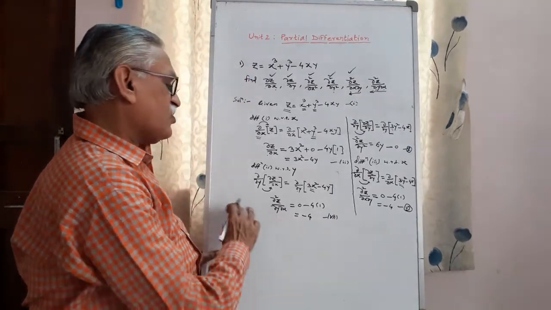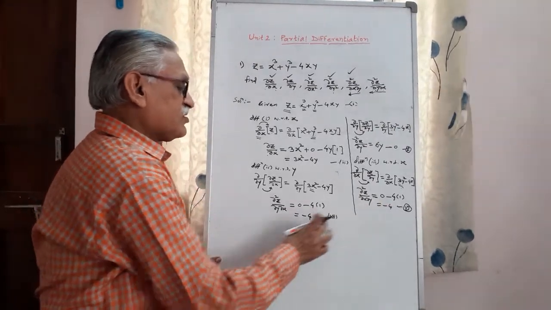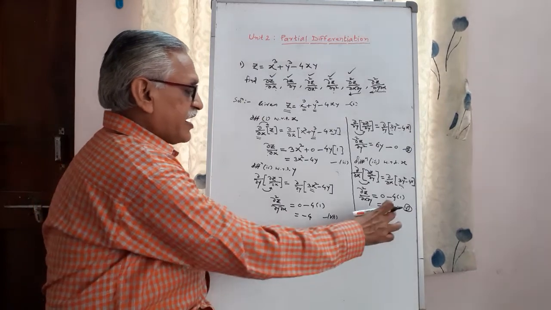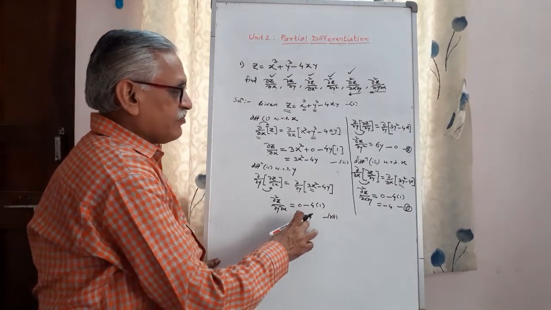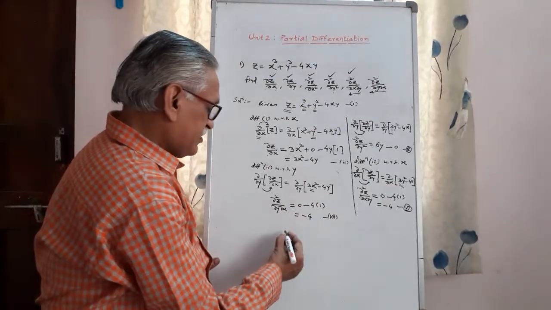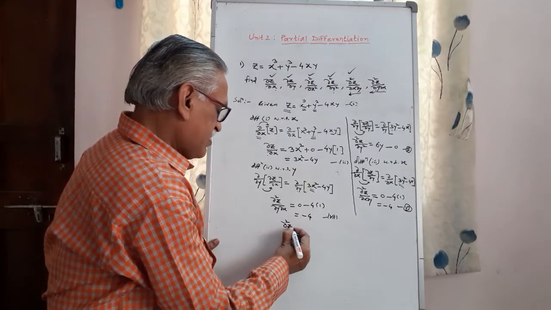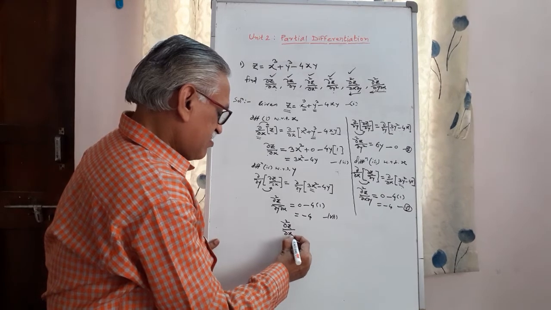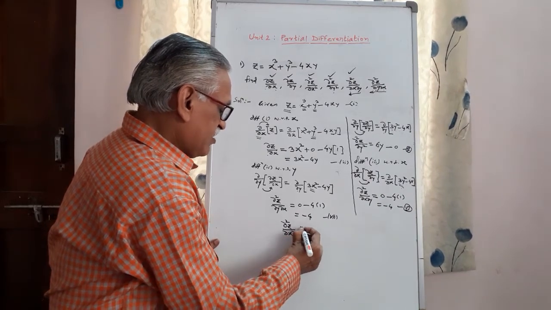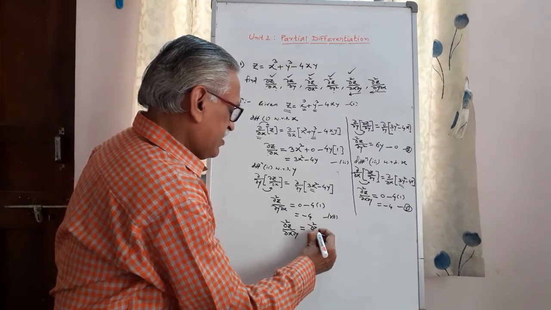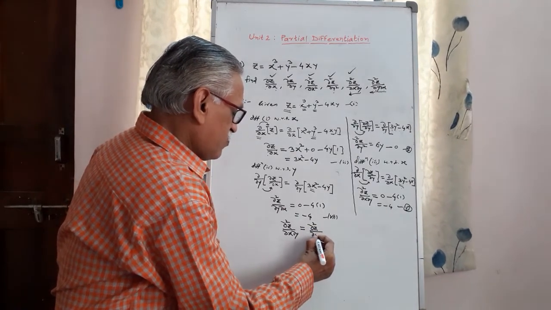Okay. Therefore, if you observe these two values from equation 6 and equation 7, the right hand side is same. This gives you the property of partial derivatives. ∂²z/∂x∂y is always equal to ∂²z/∂y∂x.